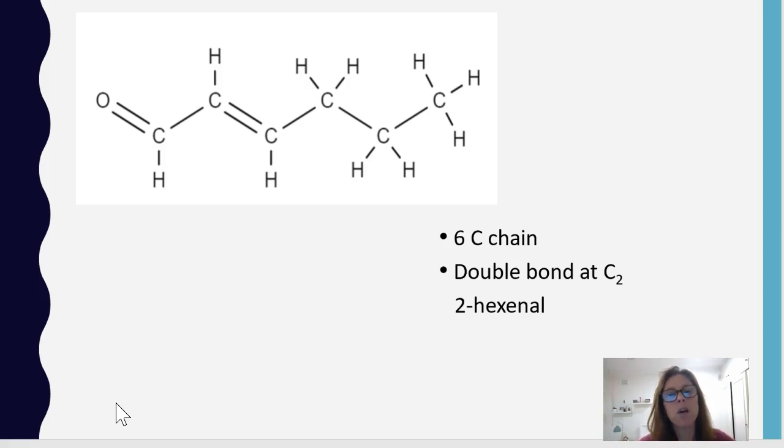The number is not on where our carbonyl group is, because it needs to be on the end for it to be an aldehyde, and hence an al. But for the position of this double bond, we again number from the end that makes the carbonyl group the lowest possible number.